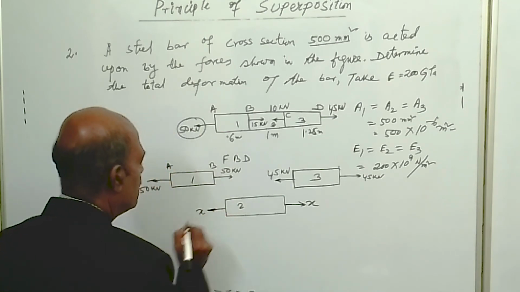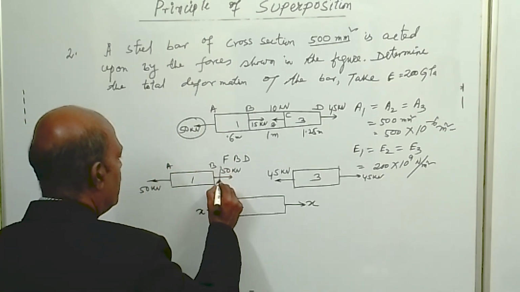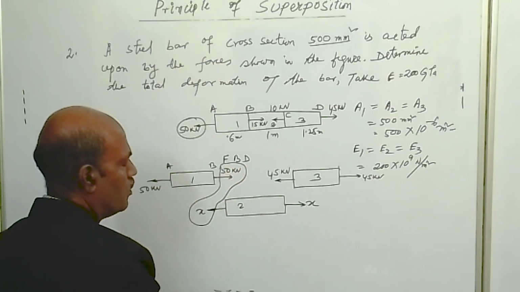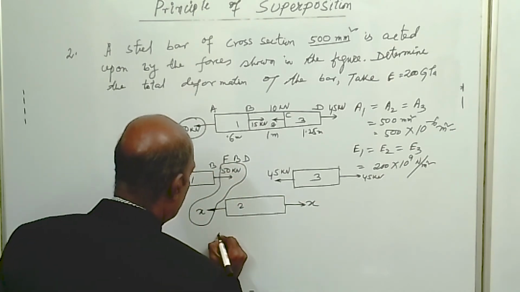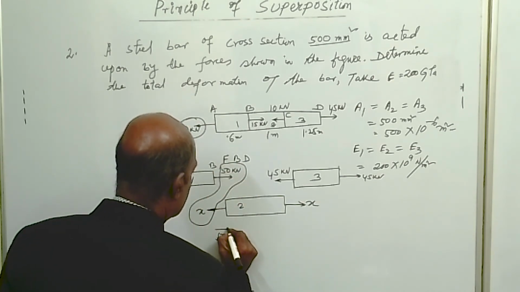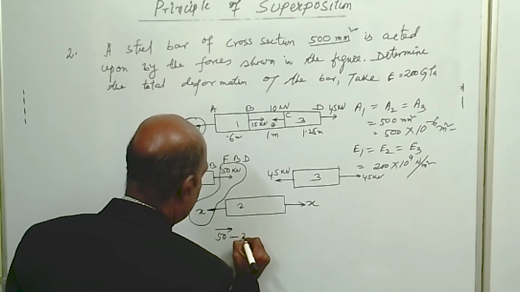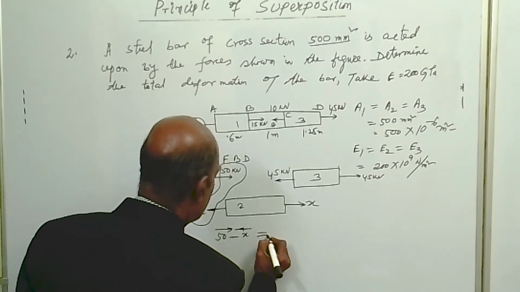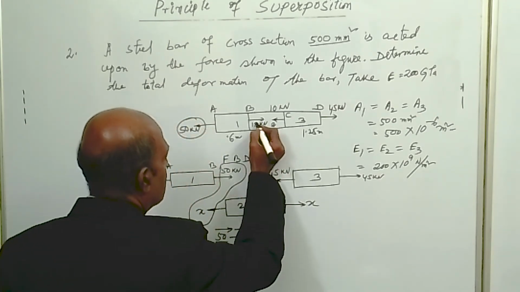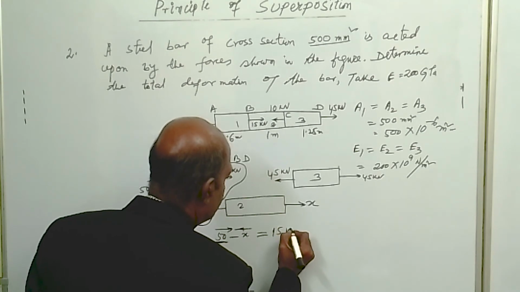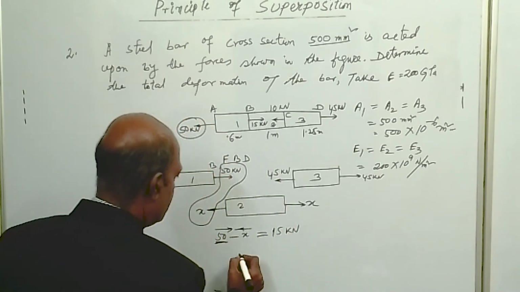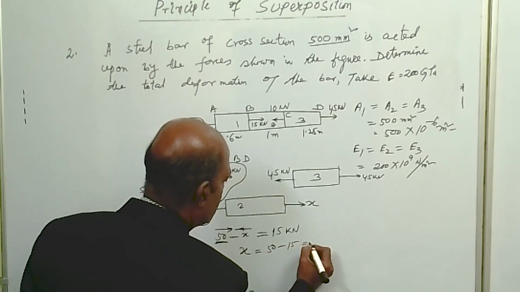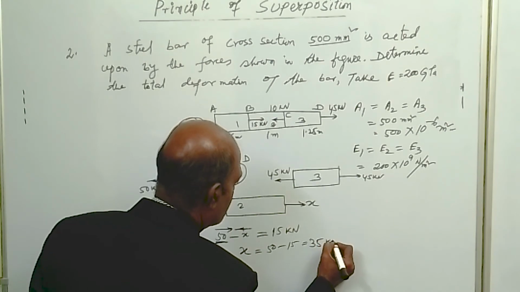Now if we add these two forces, the addition will give 50 kilonewton towards right minus x kilonewton acting towards left, and that will be equal to, in the direction of this, 15 kilonewton. So that means x becomes 50 minus 15, that is 35 kilonewton.